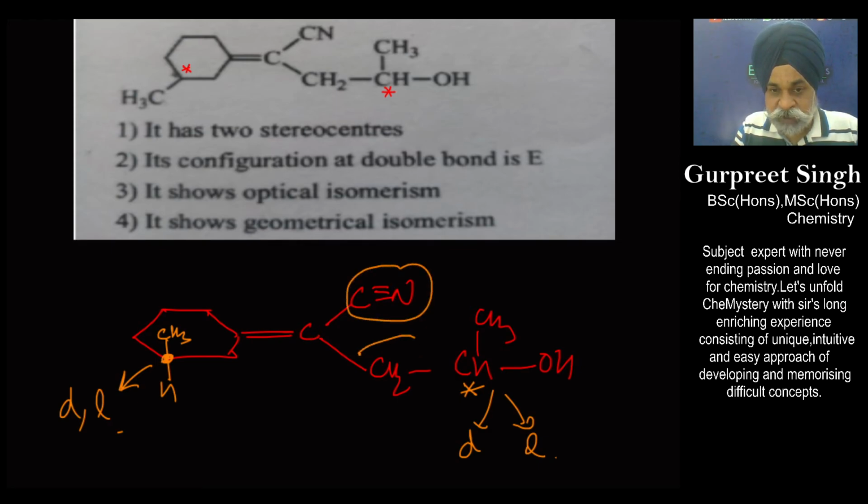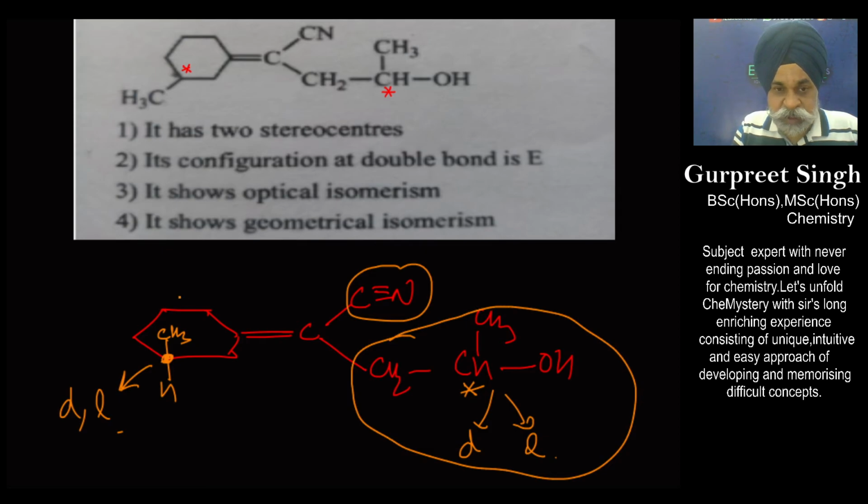So this is different from this one, isn't it? And this CH2 and this CH2, although identical, at the second point of difference become non-identical. So this part is totally different than this part, which means it can show geometrical isomerism.